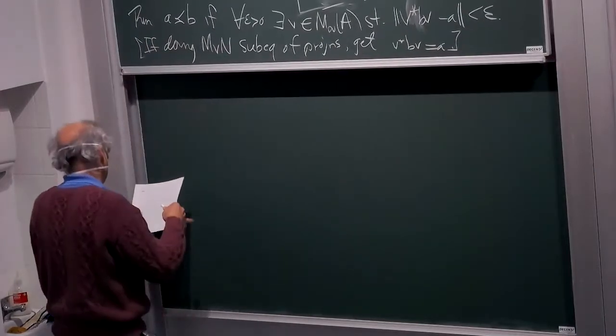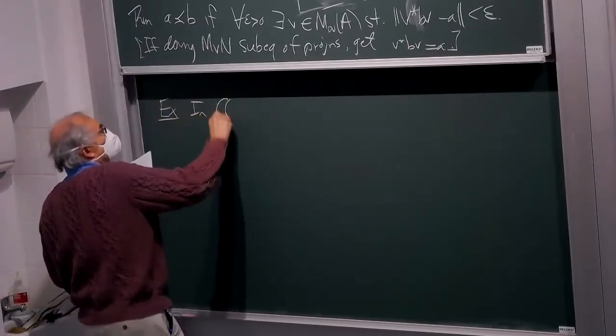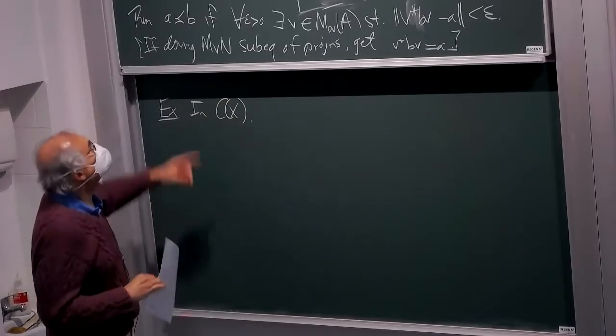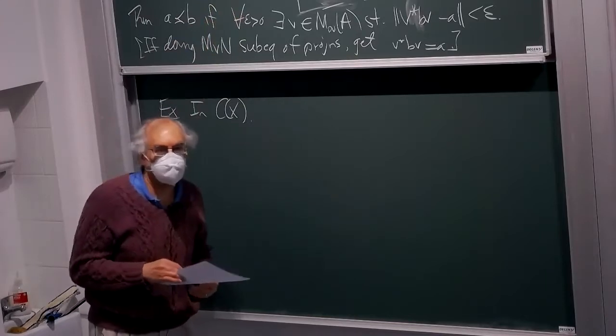And so here is an example of what it does in C of X. So I'm really just sticking inside not matrices over C of X, but just C of X here.